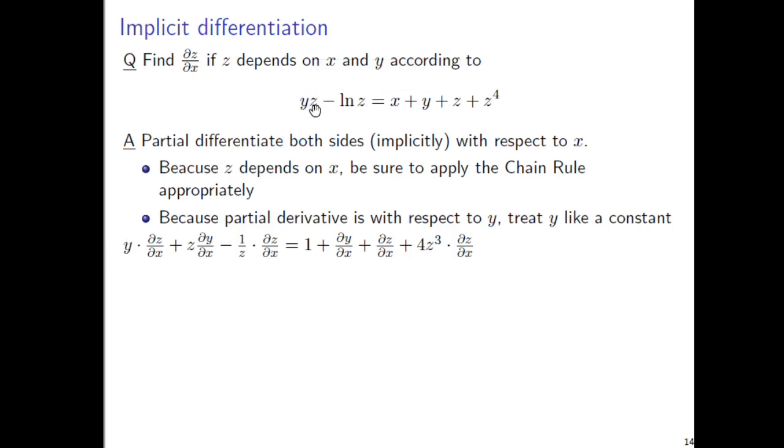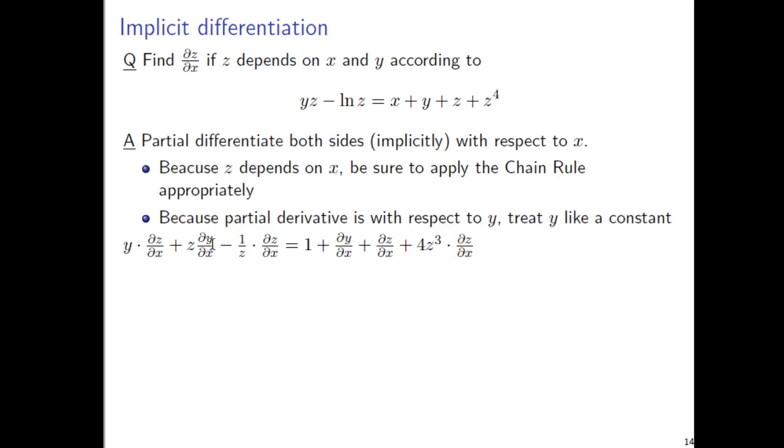And then z, when you differentiate, if z depends on x, this should be a dz over dx. And then plus, we should complete the product rule business here. So second z times the derivative of the first part, so dy over dx.